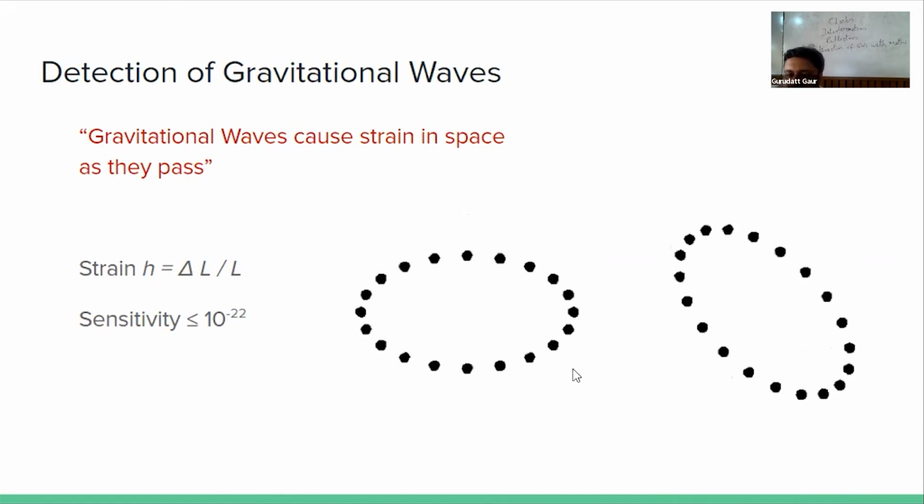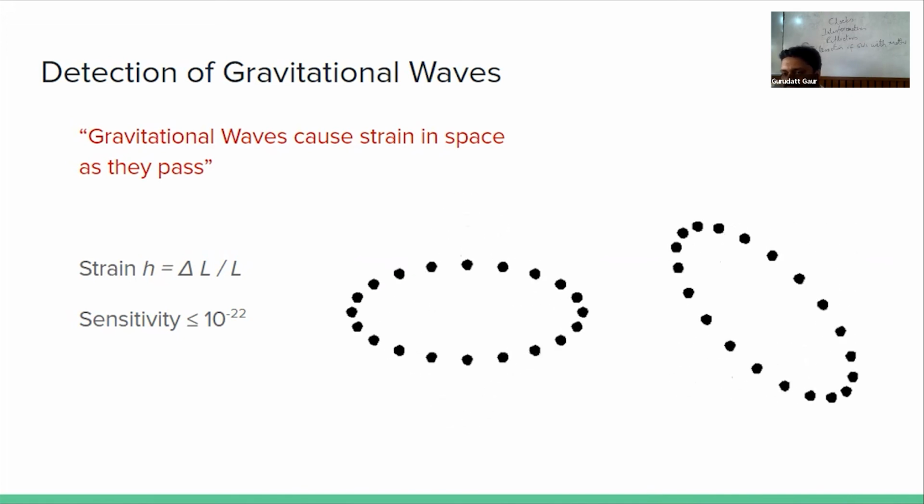So what is happening when the gravitational wave is passing? You can assume that these test masses are free particles located in this space. Why are they getting stretched and squeezed? Because space-time itself is getting stretched and squeezed by the gravitational waves. When the gravitational wave passes through space-time, it produces strain.